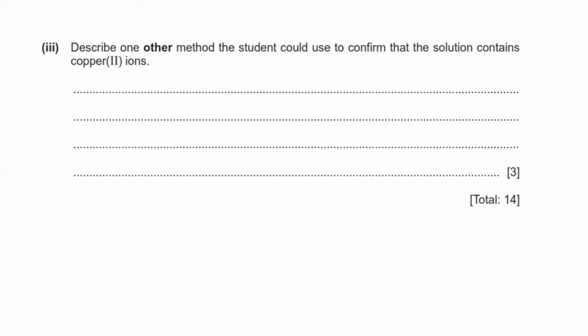There are two methods. Write any one of them. Number one method is add aqueous sodium hydroxide to the solution in a test tube.